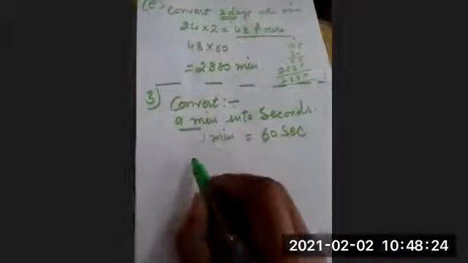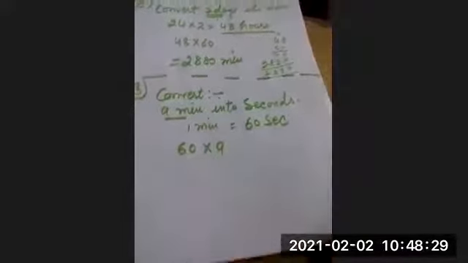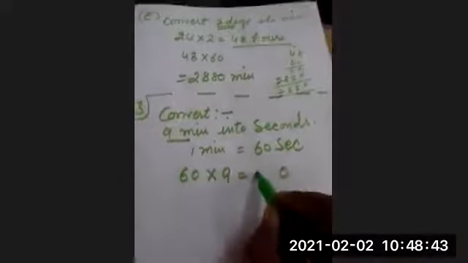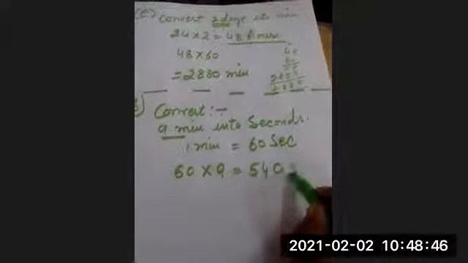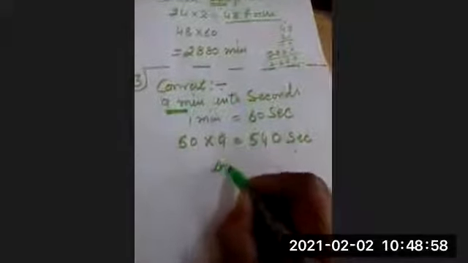Now, in 9 minutes, 60 multiplied by 9 is 540 seconds. In 9 minutes, we have 540 seconds. The answer is 540.